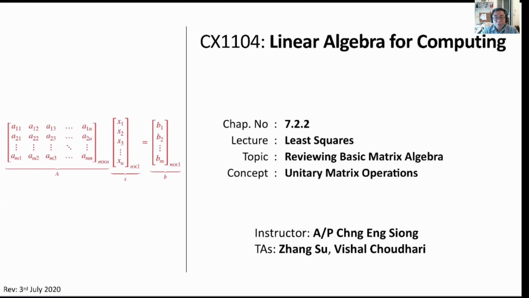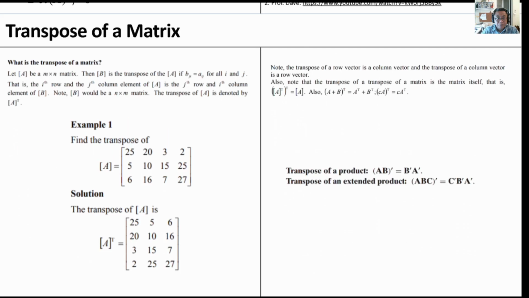This is 7.2.2. We'll review unitary matrix operations. The transpose of a matrix. Given A of m by n, the transpose basically moves its rows into columns. In this example, A is a 3 by 4 matrix.